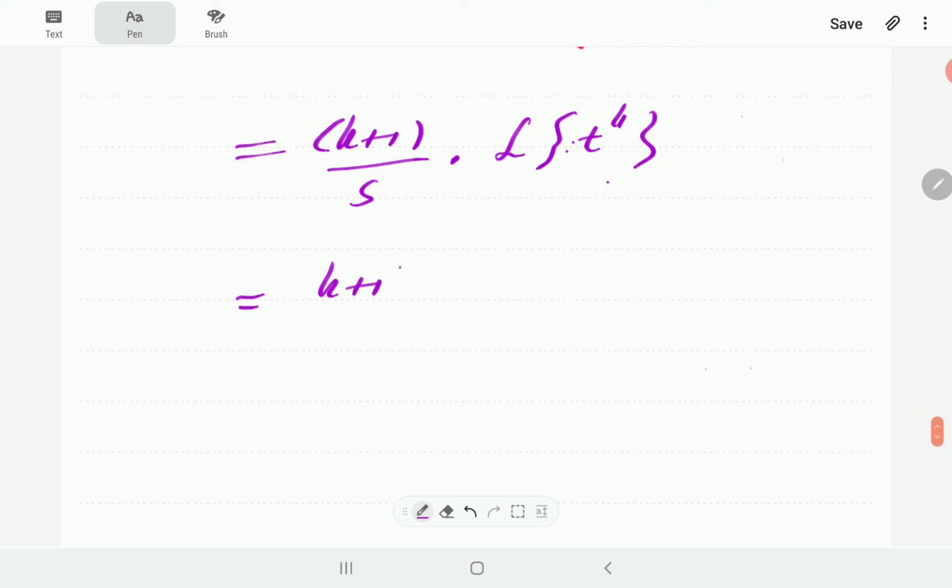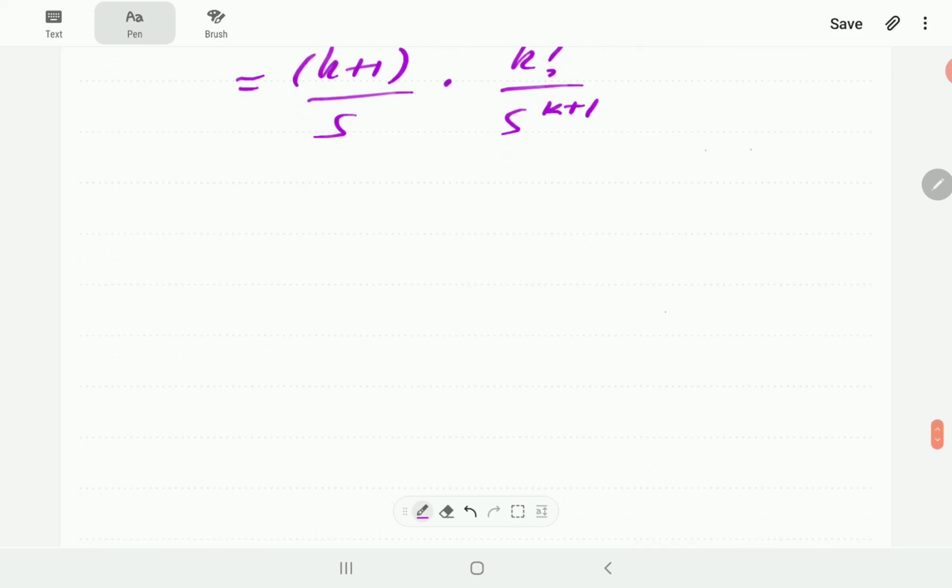So this is going to be k plus 1 over s, this is k factorial over s to the power k plus 1. The numerator now becomes k plus 1 factorial. Denominator becomes s to the power k plus 2. This is now the same as the right hand side.